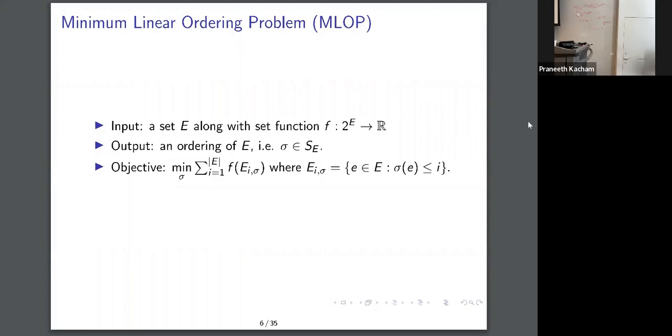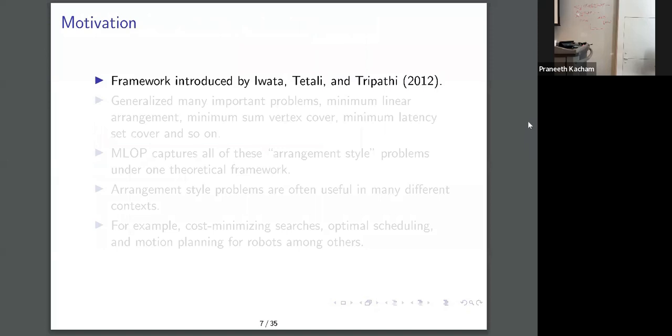So officially, we define the problem as: given a function f, that is a cost function, we are going to minimize f summed over all prefixes of an order. This is the notation in which we mean the first i elements in the ordering sigma.